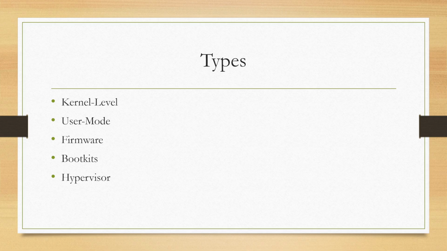We've got our boot kits that run on a hard drive directly. They might run in the master boot record of a hard drive. We've got our hypervisor rootkits. These ones live within the operating system technology of virtual machines, and are really hard to intercept because now they can intercept information from any virtual machine within their machine.